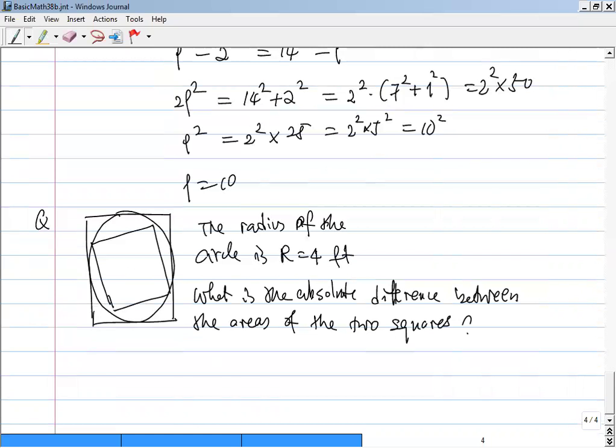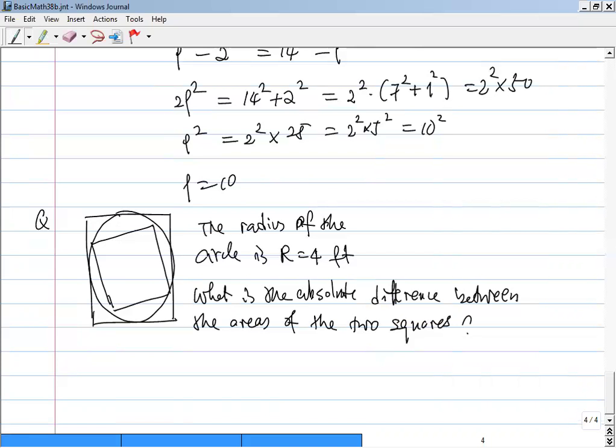I'm waiting for answers. So clearly, a square is inscribed in the circle, and the circle is inscribed in another square, and I know the radius of the circle. I'm trying to find the area and the difference between the areas of the two squares.